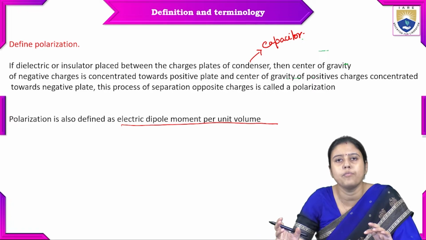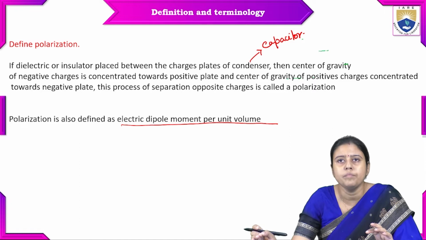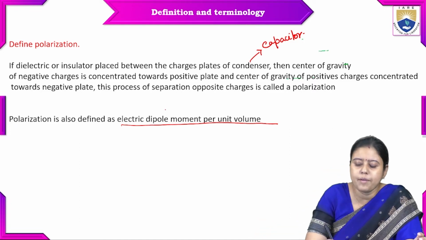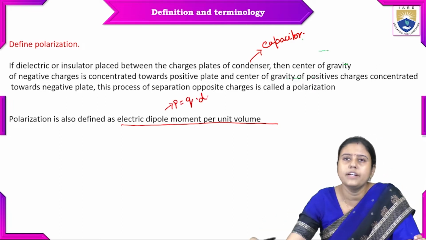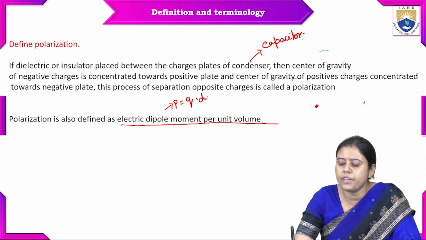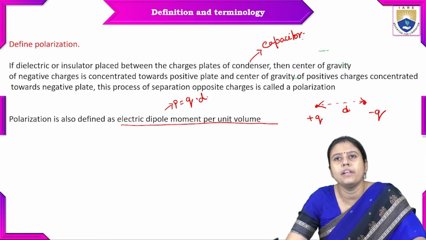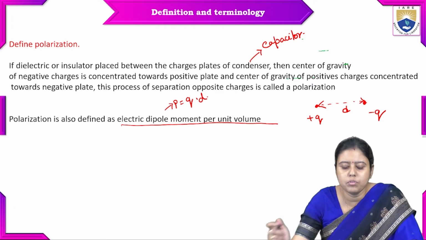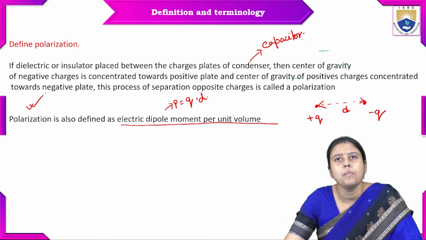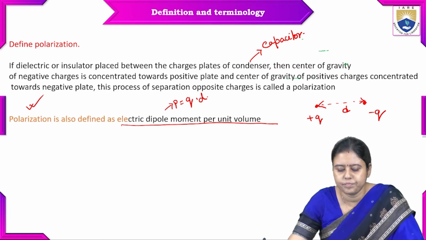An electric dipole is equal to the magnitude of the charge into the distance between them. So electric dipole moment P is nothing but Q into D, where there are two charges plus Q and minus Q and the distance between them is D. And the electric dipole moment per unit volume is known as the polarization.